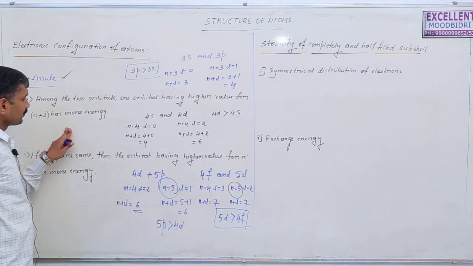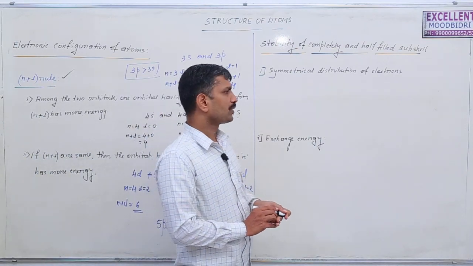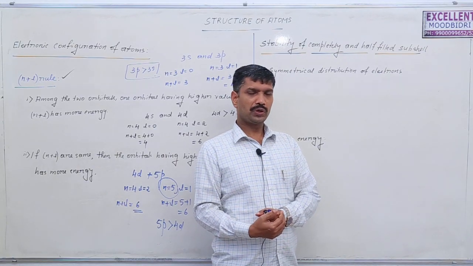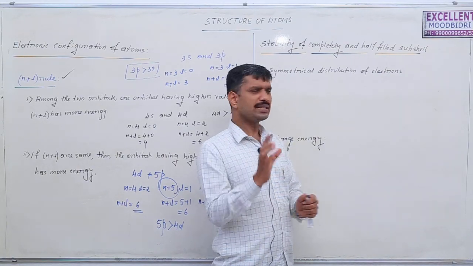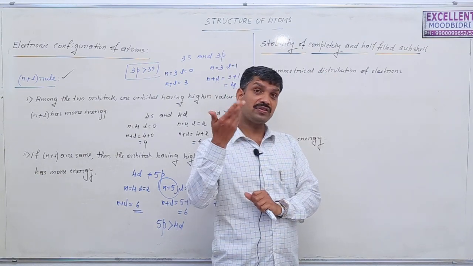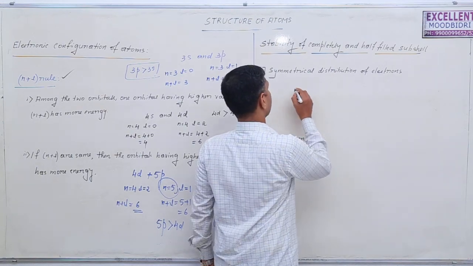Okay, next, about the extra stability of completely and half filled orbitals. We know that completely filled and half filled orbitals are more stable. Why are they more stable? One reason is that a symmetrical distribution of electrons takes place in half filled and completely filled orbitals. One example, manganese.